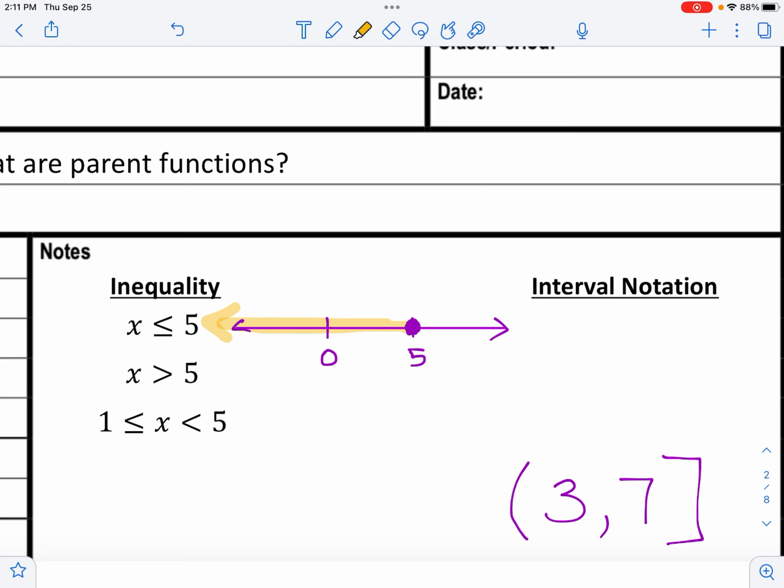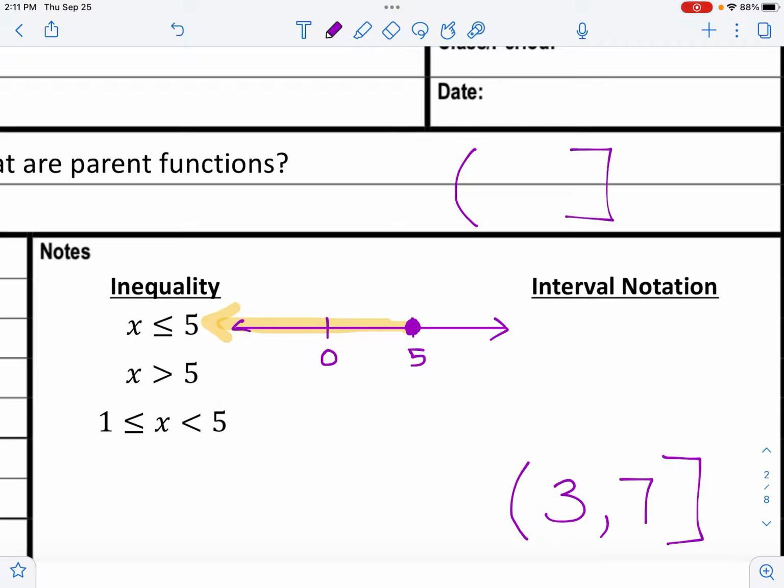Okay, so interval notation is another way to write an inequality, and it's just saying under what interval are the numbers that you're talking about, or what numbers are included from what to what. So the way that we do this is we write it with a parenthesis or maybe a bracket, one or the other.